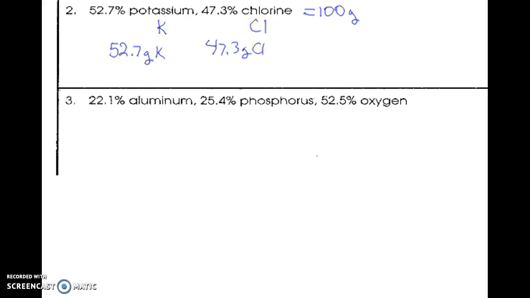So I would divide by the molar mass, and that would tell me the number of moles. On my card, potassium is 39.1, and chlorine's molar mass is 35.45 for every 1 mole.